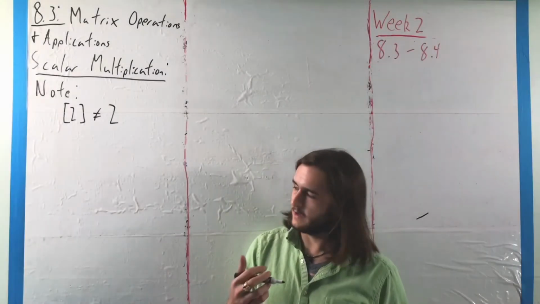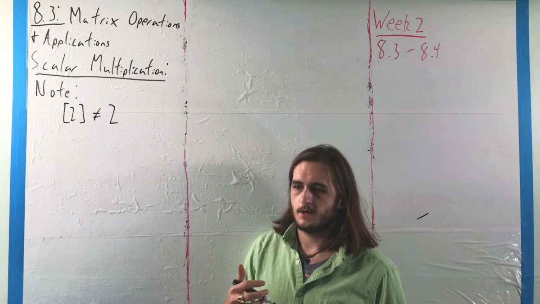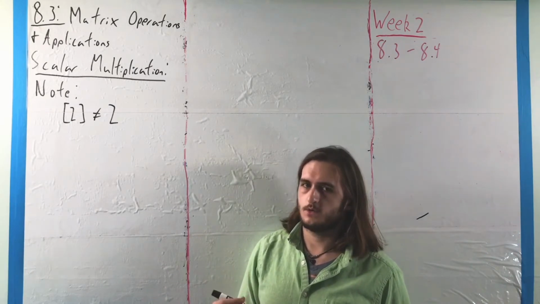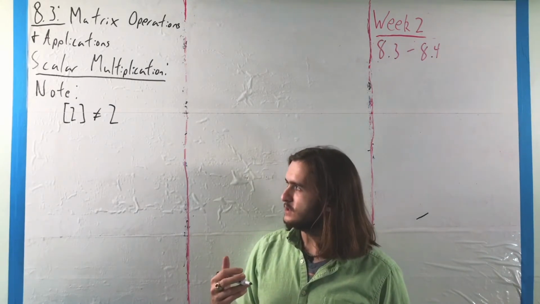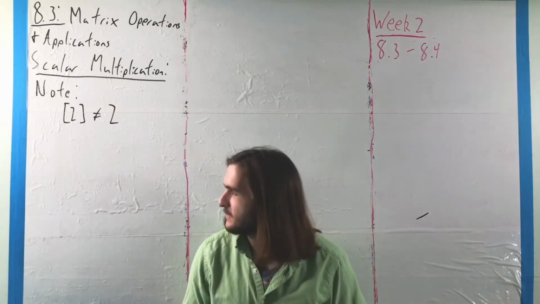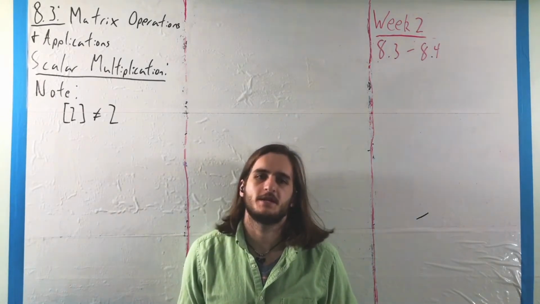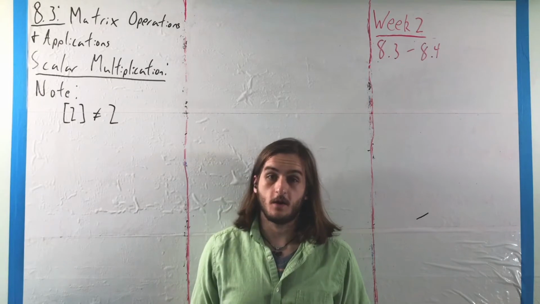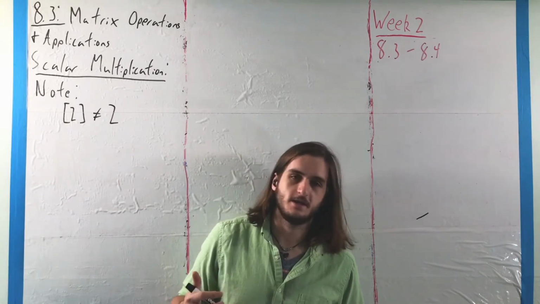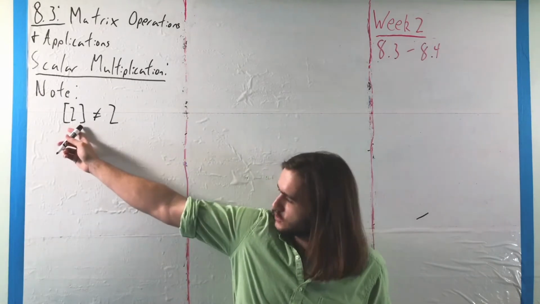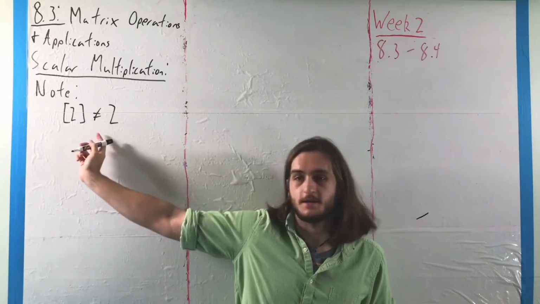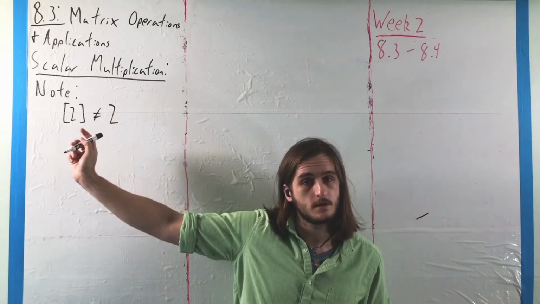Before we talk about what I have here, I do want to make mention of one thing. It's the sort of, at face value, nonsense mathematical statement that a lot of people who aren't mathematically inclined don't like to see, and that is the matrix [2] is not the same as the number 2.